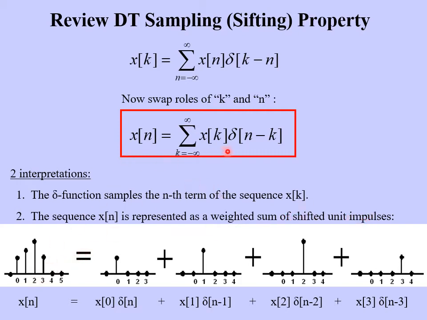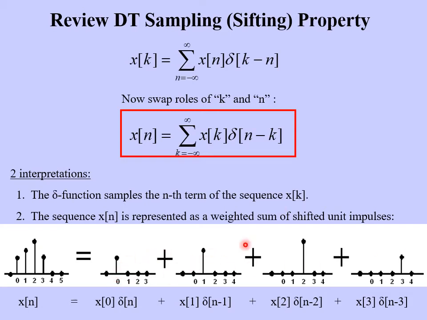Well, basically what this is saying inside the red box is that, let's say we have some sequence x of n that looks like this. We can think of x of n as broken apart into all of its individual values and added together. This first value is shown right here. The second value is the second term. The tall one right here is the third term, and then finally the fourth one over here.